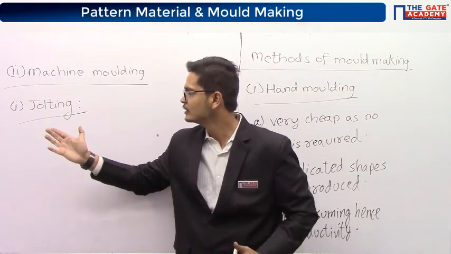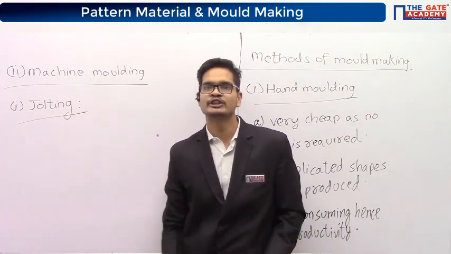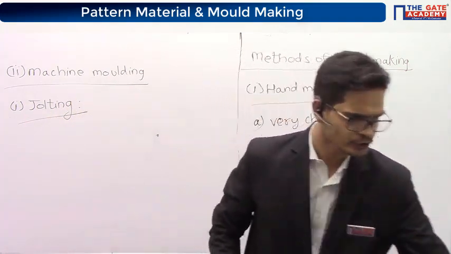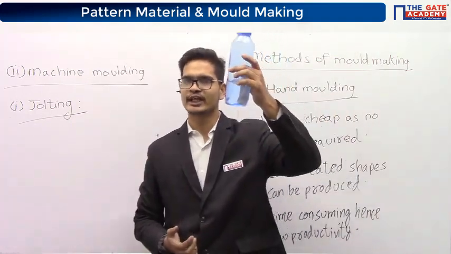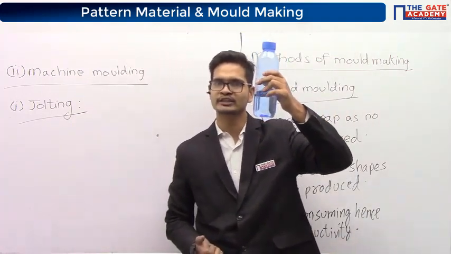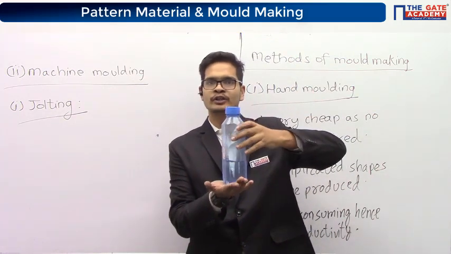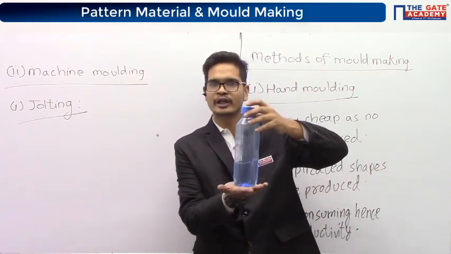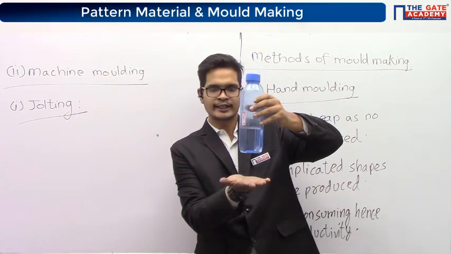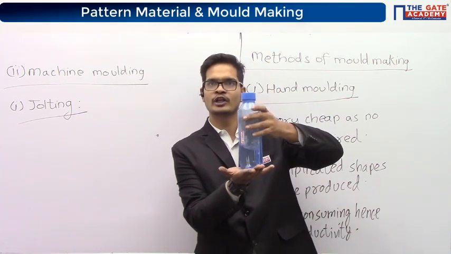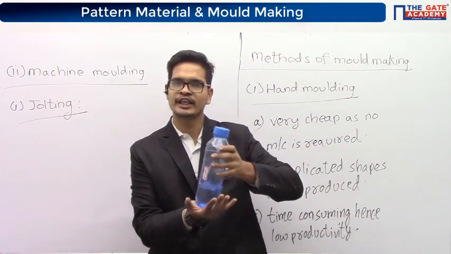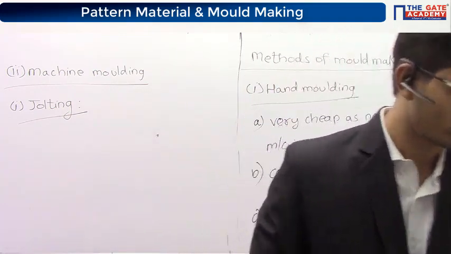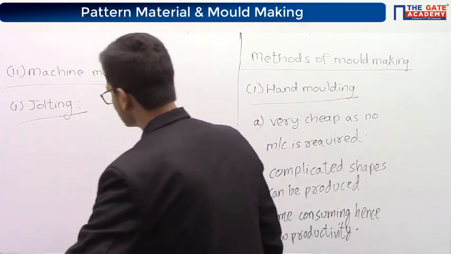So, what happens in jolting? Let's suppose you want to pack something inside a box. For better packing, what you do sometimes is you lift the box and you allow it to fall. Like this. Same thing happens in case of sand molding.